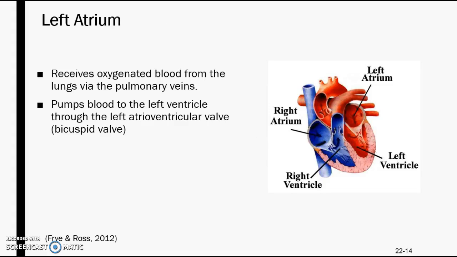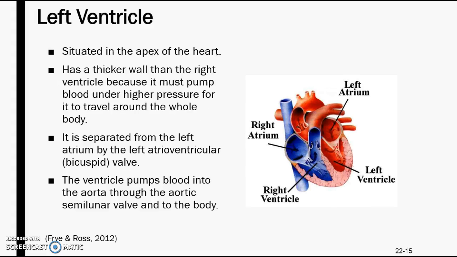Left atrium. Again, atrium is a receiving chamber. The left atrium is going to receive oxygenated blood from the pulmonary veins, and then will pump blood into the left ventricle through the left atrioventricular valve or bicuspid valve. Once the left ventricle receives blood from the left atrium, it will then start to contract, and it will pump blood out of the aortic semilunar valve, through the aorta, and out to the body.